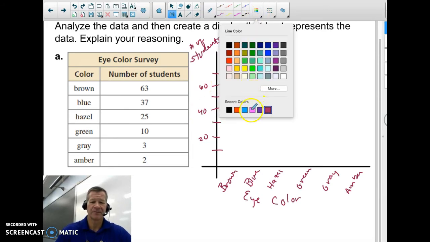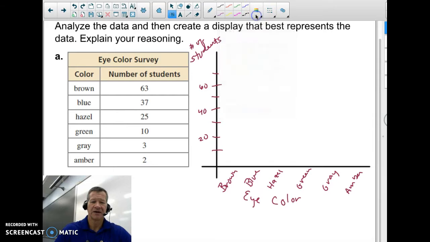Okay, now let me grab a different color here and let's draw these bar graphs. So a bar graph is one good way of displaying data when we want to compare how many students have this. Another good way would be a circle graph, and this problem is actually tackled in your textbook, and they use a circle graph.